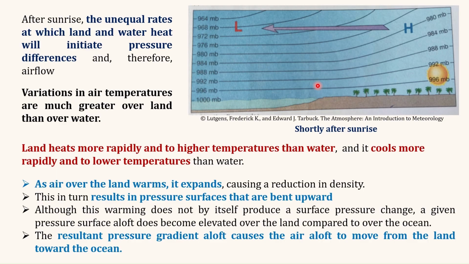So for a particular altitude, the atmosphere will have high pressure over the land and low pressure over the ocean. This resultant pressure gradient above in the atmosphere causes the air to move from the region of high pressure to the region of low pressure, that is, from the land towards the ocean. When air flows from high pressure to low pressure, two things happen.